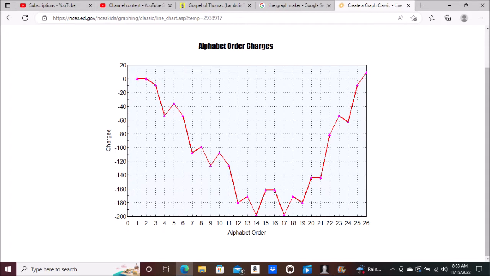This morning I just threw together the most basic line chart possible. I want to give people a visual representation of what occurs as far as the charge of the consecutive order of the alphabet.